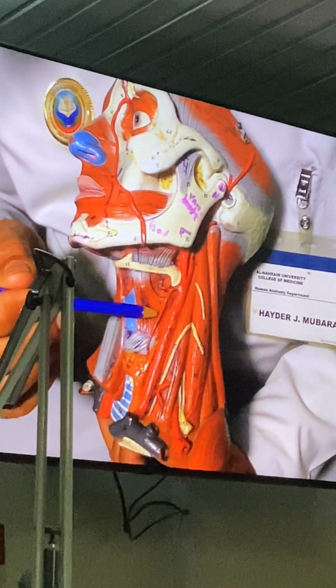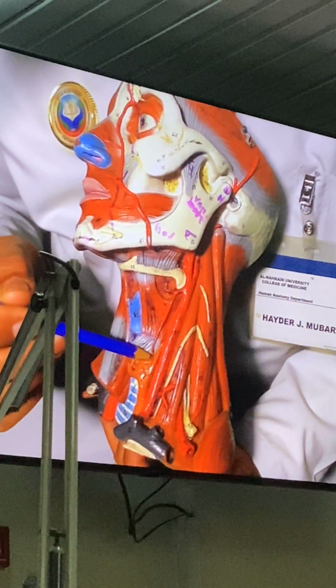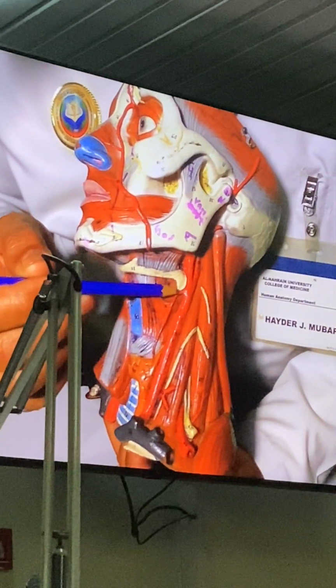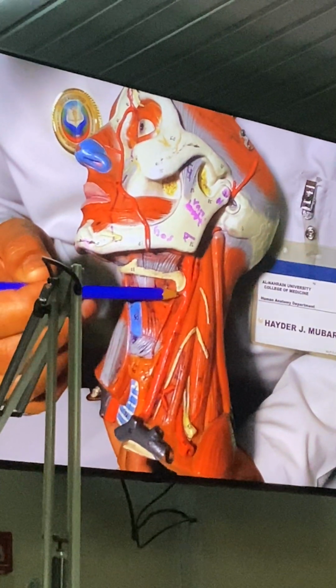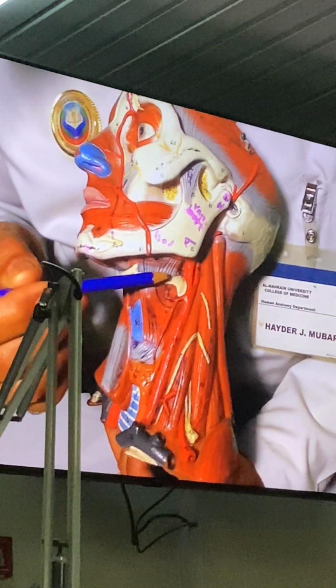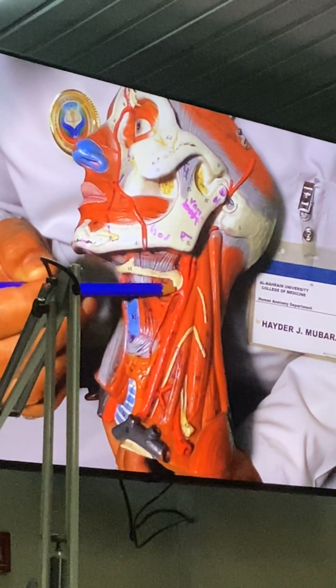Of course, when you want to ligate the superior thyroid artery, please ligate it near the gland, because of the beginning of the superior thyroid artery, which is below the hyoid bone. You can see that this is the hyoid bone, and below the hyoid, this is the superior thyroid artery.